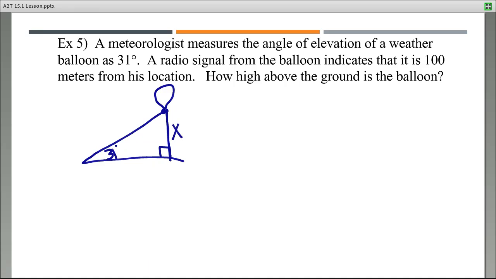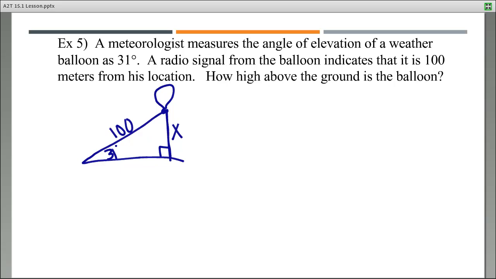And the radio signal indicates that it's 100 meters from his location, which means it's the hypotenuse that's 100, because that's going to be the distance to the balloon. I know you're going to argue with me, but it's the way it is.